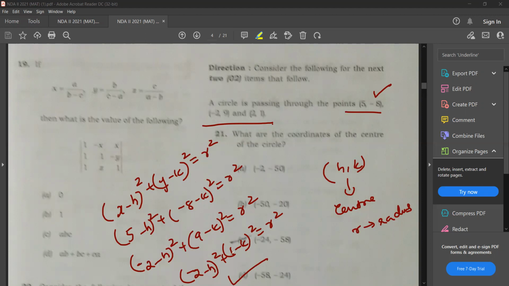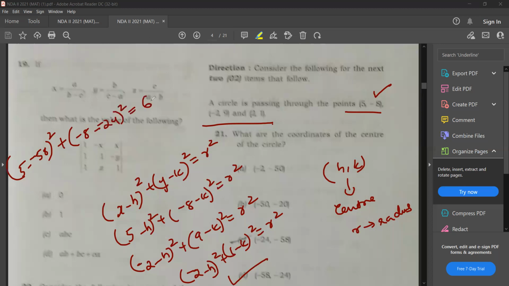As the center, if you solve these equations, you will get minus 58 comma minus 24. I'm just substituting in the first equation: 5 minus minus 58 the whole square plus minus 8 minus minus 24 the whole square.